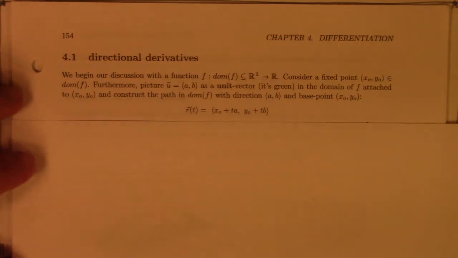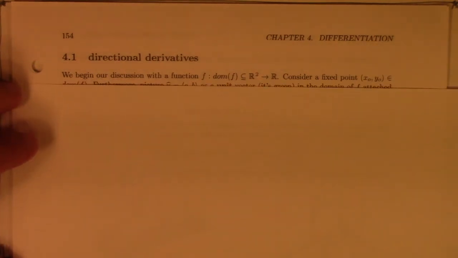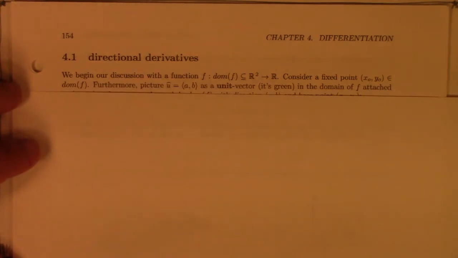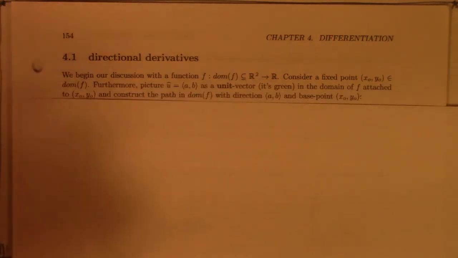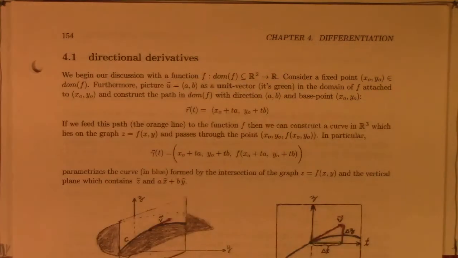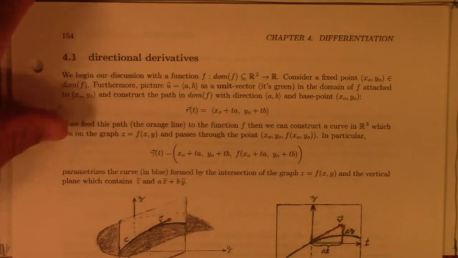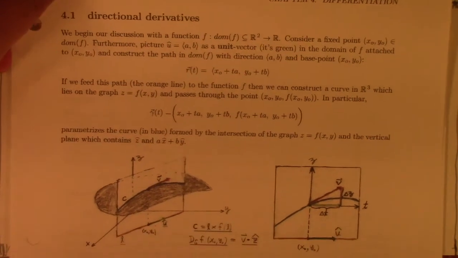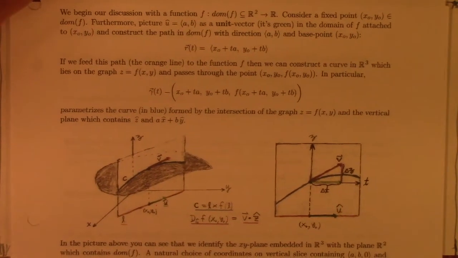So the basic idea for the directional derivative is to take a function of two variables. We're going to start with a function of two variables and fix a point in the plane, x0, y0, and we're going to try to understand how the function changes at that point in a given direction. And so let me just scroll up here a bit.